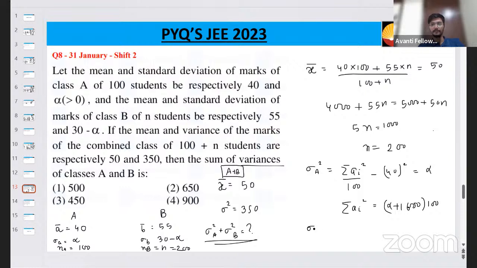Similarly, summation bi square will be equals to 30 minus alpha, the whole square, plus 55 square into 200. Am I correct, guys?